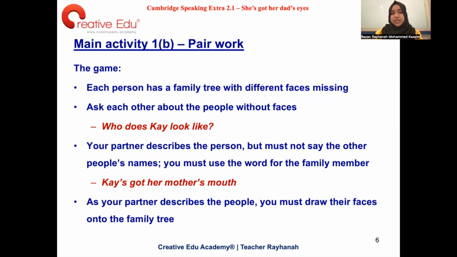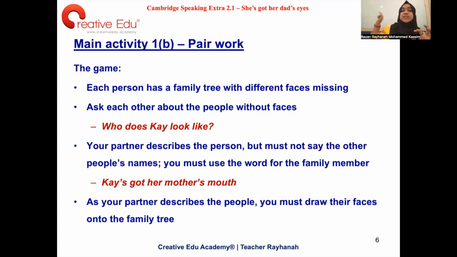What you have to do is ask each other about the people without faces. So for example, I am person A and my partner is person B. In my paper, K has an empty face. This person named K has an empty face. So I would ask person B, what does K look like?